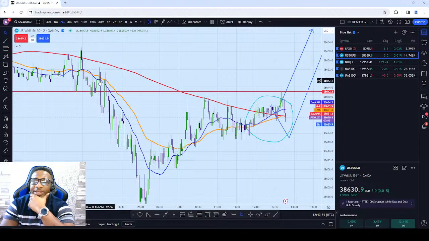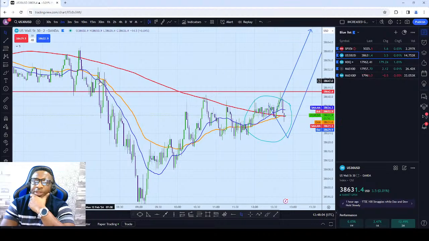As it pulled back to the moving average, you could have gotten into this trade as the purple candle took out the low of the last green candle. This is where you could have taken a position to ride it down, and from here it went all the way down.